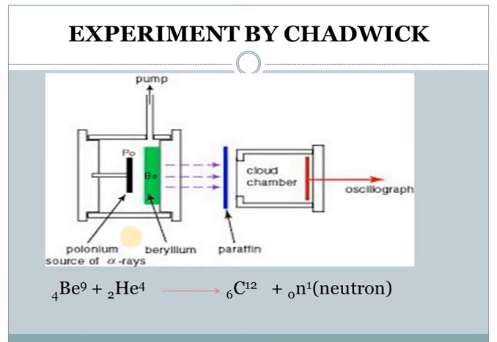In the experiment Chadwick did, he took a polonium source of alpha rays. Polonium is a radioactive element, and it is continuously giving out alpha rays in all directions.